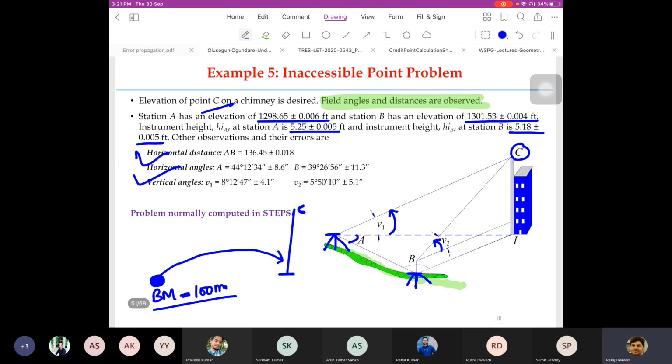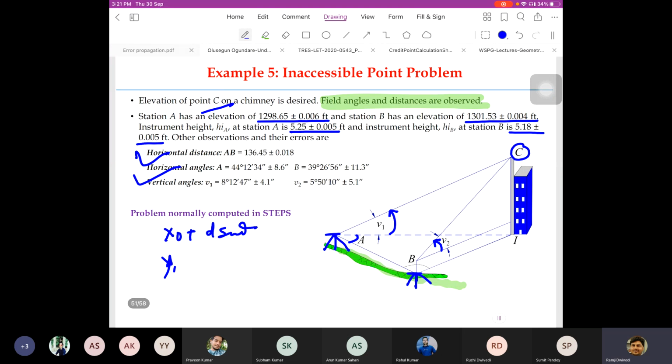So recall your previous problem where you used x naught and y naught, in addition to your trigonometrical relation, to reach the coordinates of the point, isn't it? You work as x naught plus d sine theta, y naught plus d cos theta. Then you reached xp and yp.